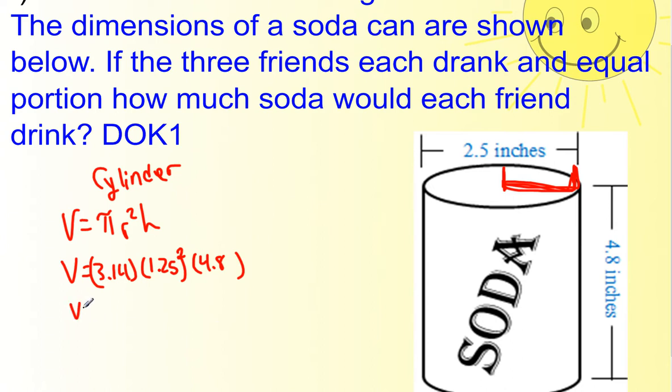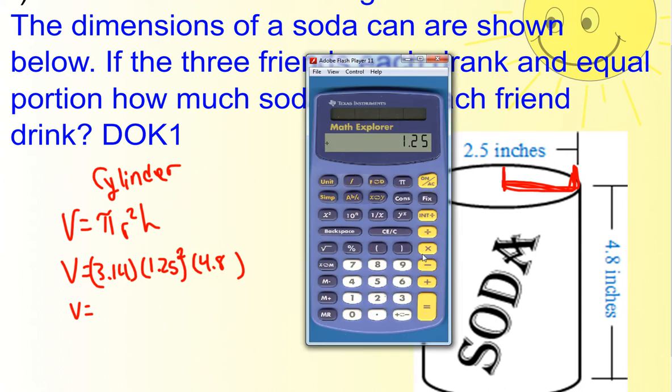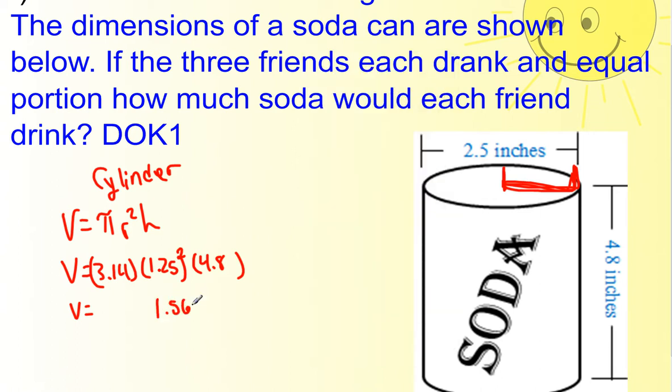All right, and we just go to town on this thing. So we're going to do the 1.25 squared first. So 1.25 times by 1.25 to give us this unit. So 1.5625, and 4.8 and 3.14.